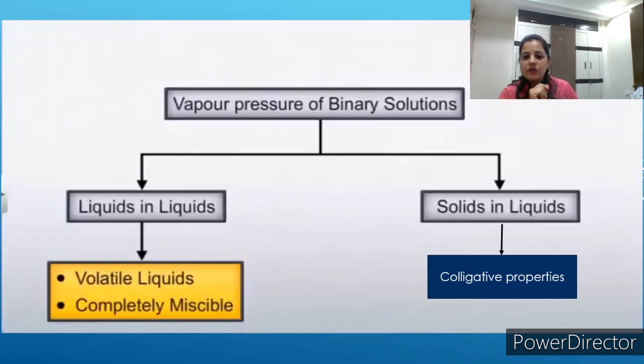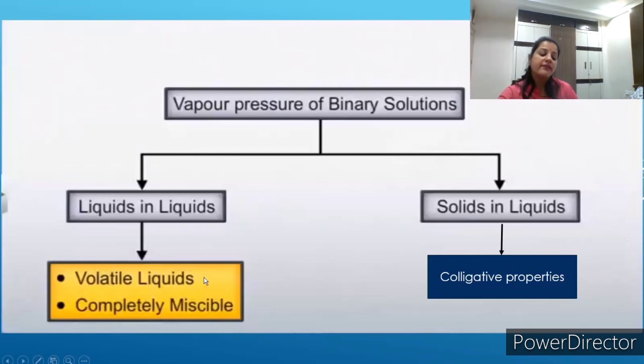Which type of binary solutions? The first is liquid in liquid, in which both the components are in the liquid phase, and specially both are volatile liquids, which can evaporate very easily at normal room temperature or a very low temperature.